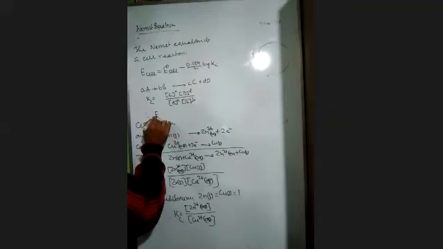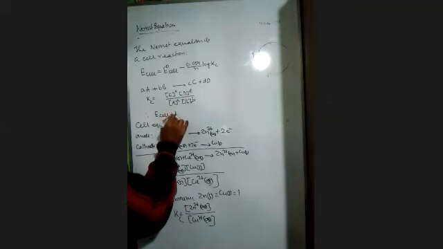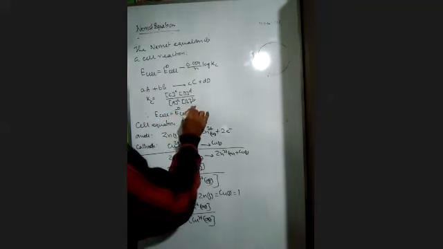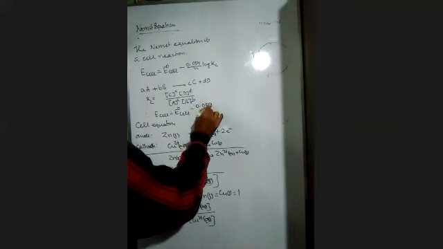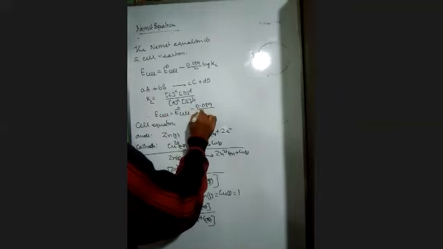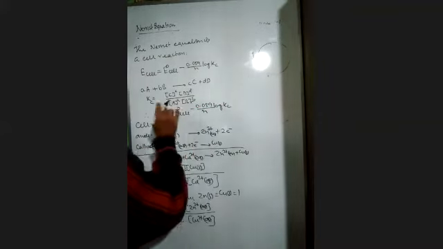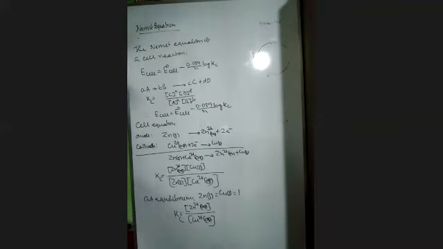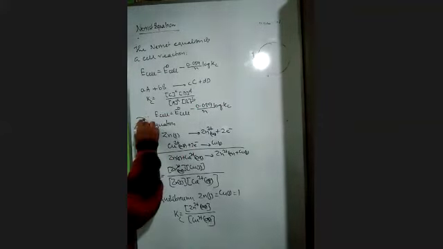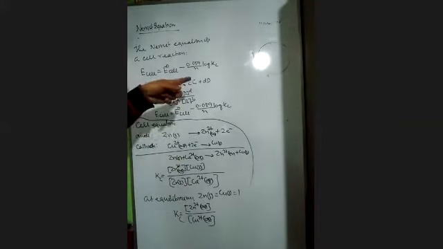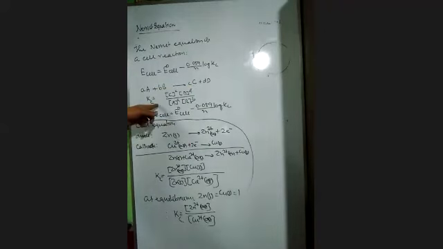Therefore, E cell is equal to E0 cell minus 0.059/n log Kc. I'll show you the difference between this and the equation I initially wrote, and the advantage of writing this one. You'll never make a mistake in your life.